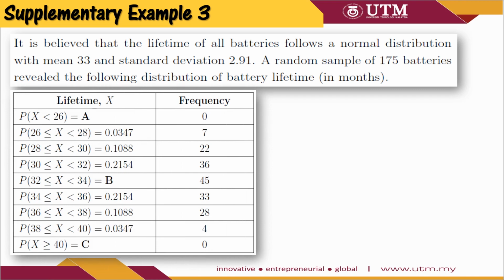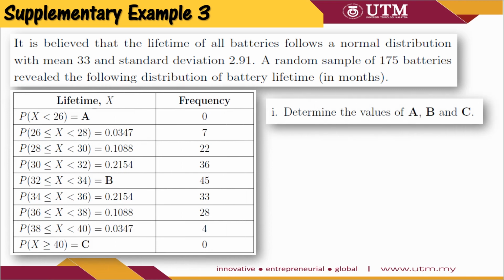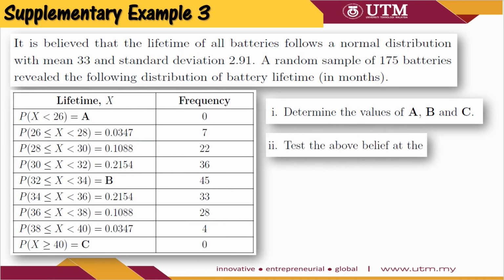The questions are: first, determine the values of A, B, and C, and second, test the above belief at the 10% level of significance.